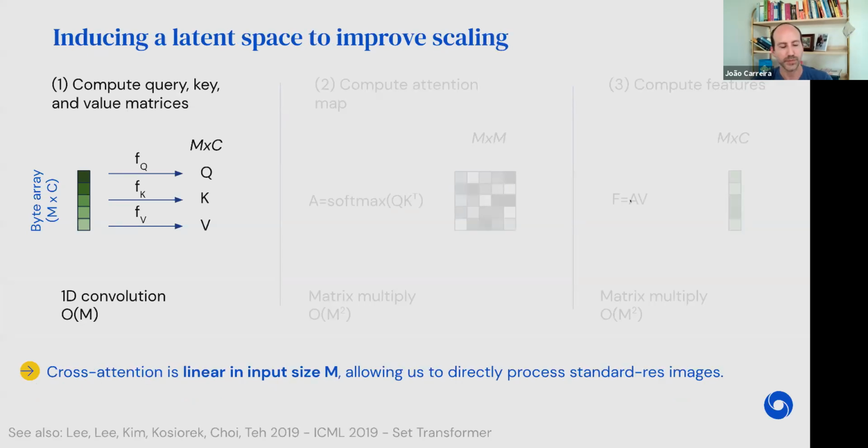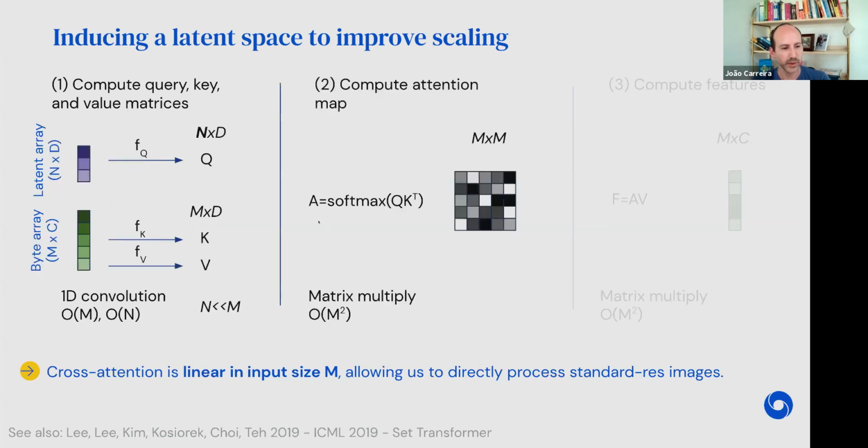So our main idea here is to introduce a cross-attention layer that is linear in the input size m. And it looks a bit like this. Instead of computing the query matrix and creating an m by d matrix, we create a much smaller one with just n elements, where n is independent of the number of inputs and typically much smaller. Let's say if you have 50,000 inputs, we'll be using like 500, so n equals 500.